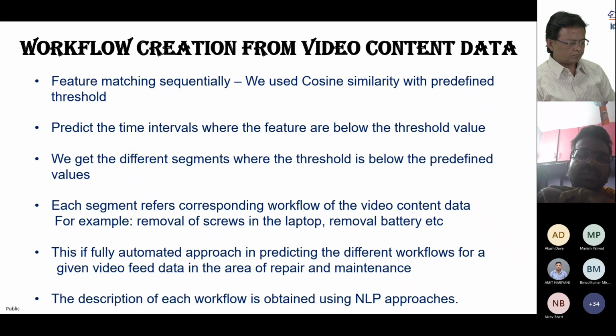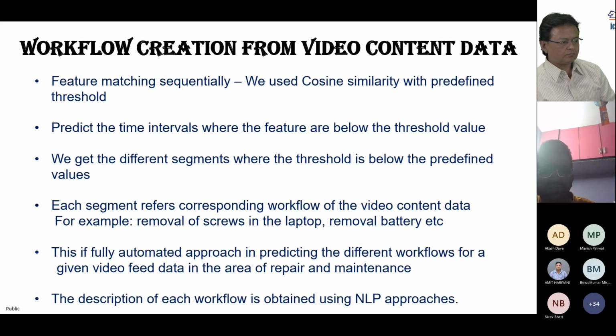So we got the intervals predicted from one segment to the next, marking one action to another action. From those segments, we try to find out what information each segment talks about, whether it is removing screws or battery replacement. All of these are based on the video data and what it talks about for each segment.